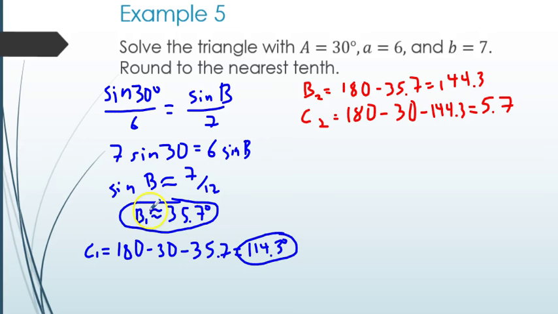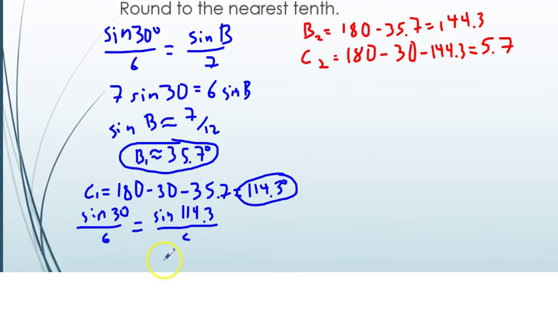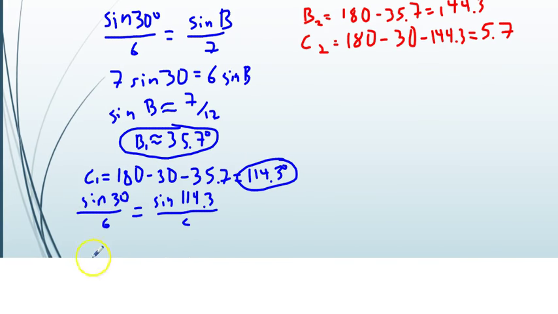And then we still need to find the missing side C, so we'll have sine of 30 over 6 equals sine of 114.3 over side C. And then if you cross multiply this one, it's repetitive work. It does take a while just to get the answers, especially when you have multiple triangles that you have to go through.